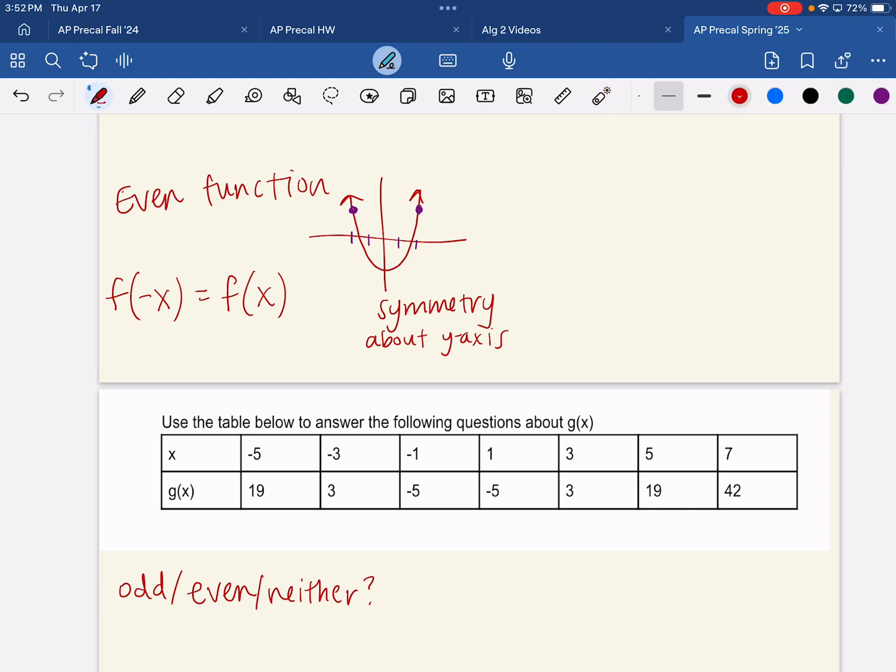If something is an odd function, not just odd degree, but to be an odd function, it has symmetry about the origin. So if you see this as half of the graph, it has rotational symmetry.